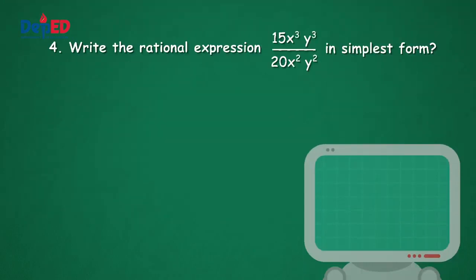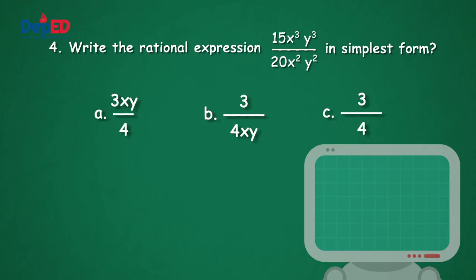Number 4, write the rational expression 15x cubed y cubed over 20x squared y squared in simplest form. Is it A, 3xy over 4, B, 3 over 4xy, or C, 3/4?